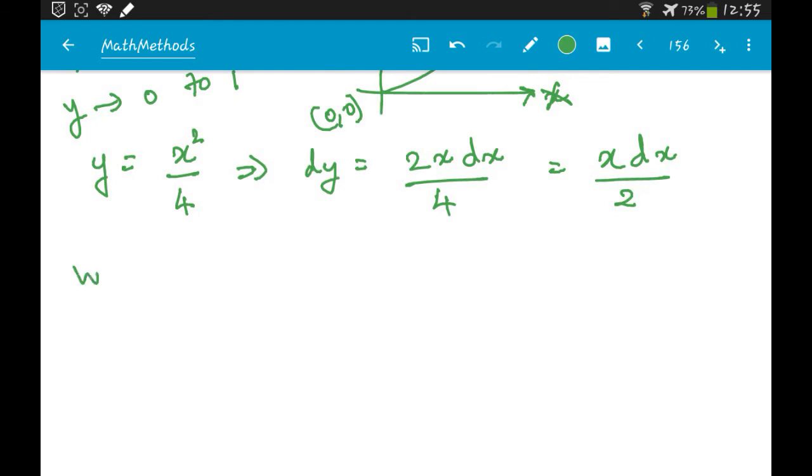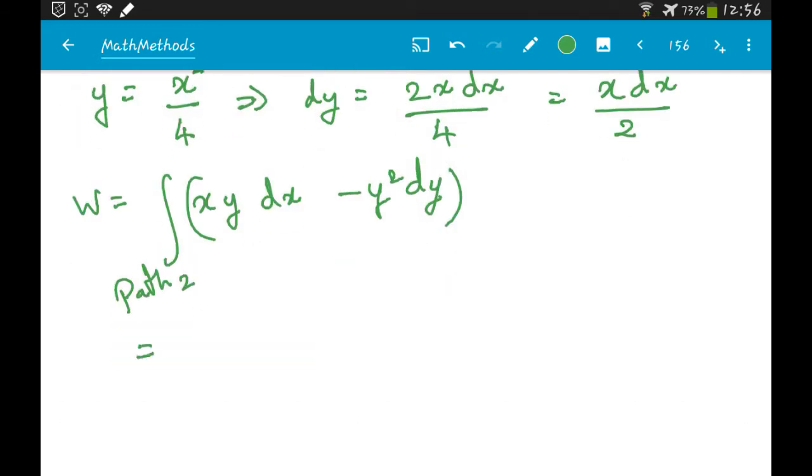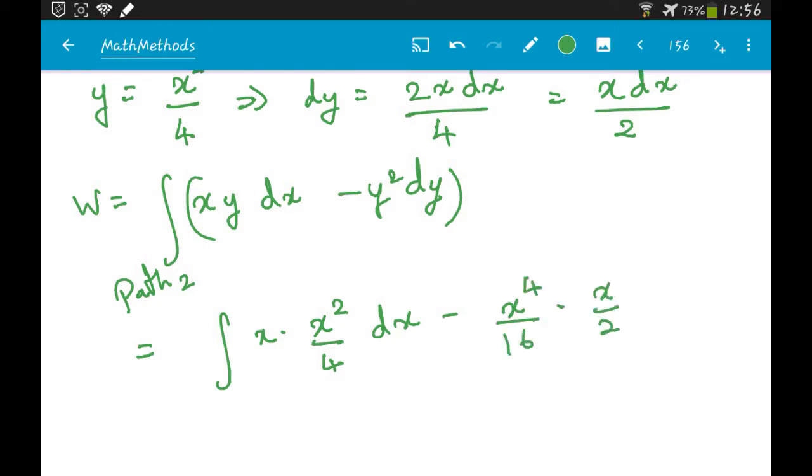So now let's compute W. This is going to be given by xy dx minus y square dy along path 2, right, which will be given by, now let's substitute for y. So we'll have x into x square by 4 dx minus x power 4 by 16 into x by 2 dx, and x goes from 0 to 2.